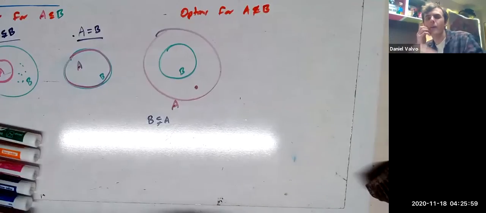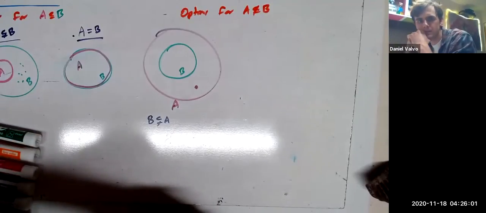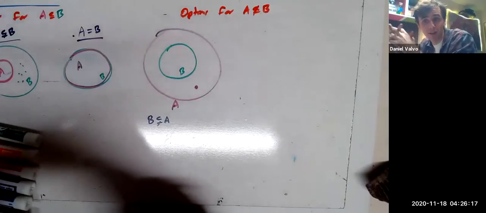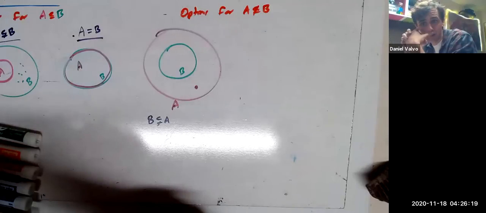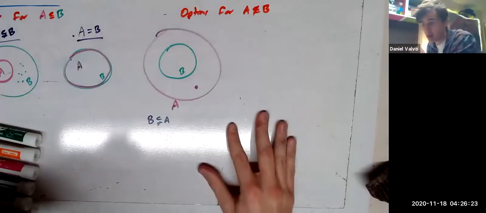What's another way? Or is it the only way? Why not the classic Venn diagram?